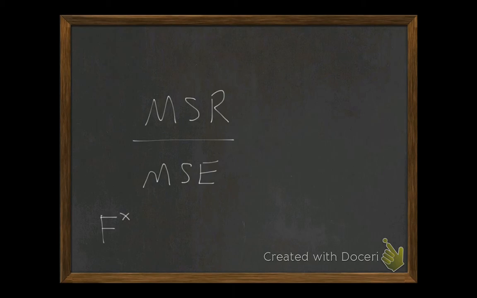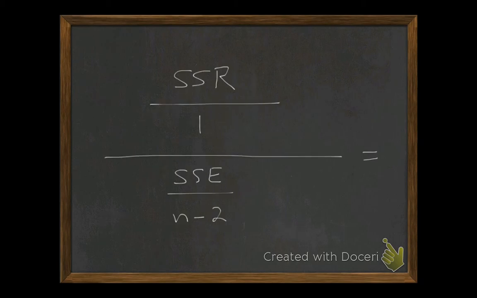So this F statistic is going to follow the F distribution with degrees of freedom 1 and n minus 2, for obvious reasons.